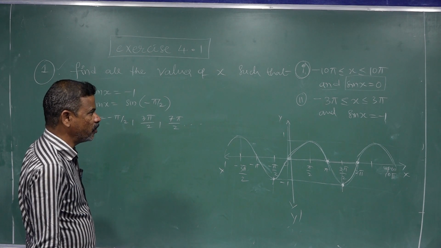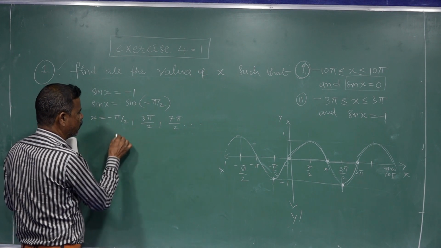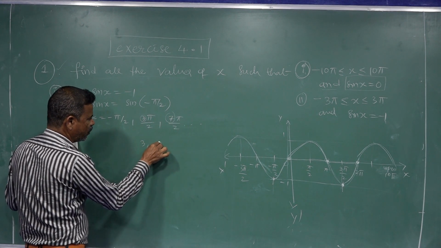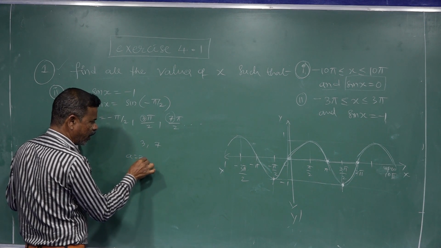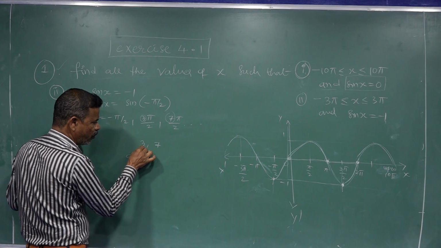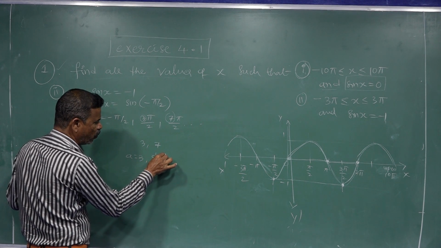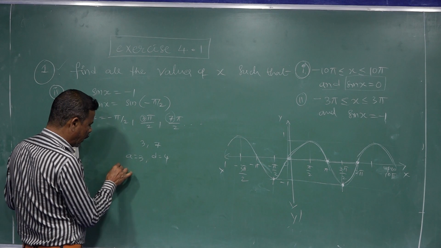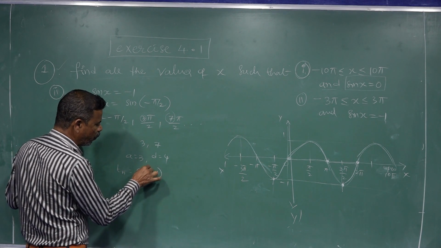So for this general solution, we prepare for this: consider 3 and 7. Here the first value a is equal to 3, and 7 is the next value. So the common difference is 7 minus 3, d is equal to 4. So here t n is equal to a plus n minus 1 into d.